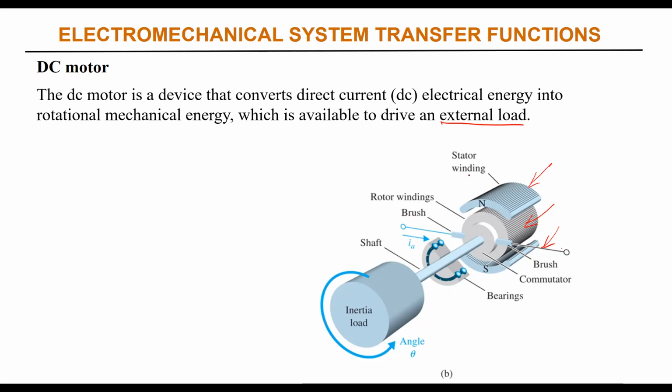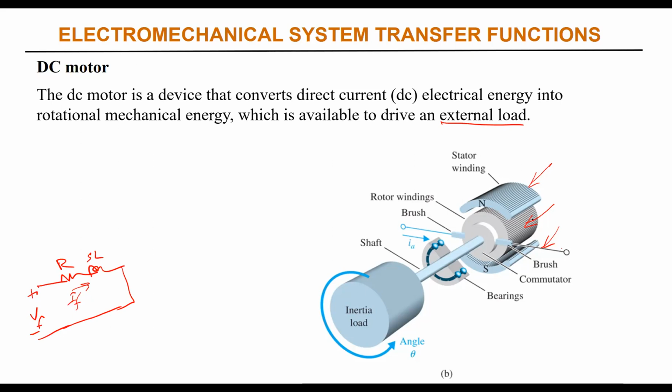The resistance of the wire, or the heat conversion. So basically this is the model. Let's say VF, R, and L, S L. So this will give me IF, the field current.